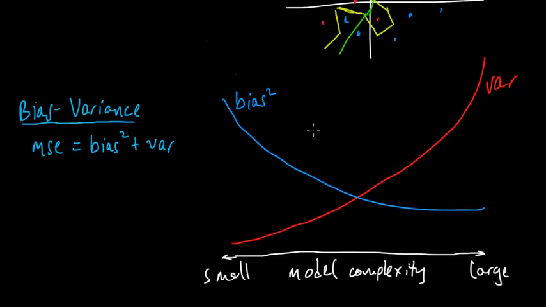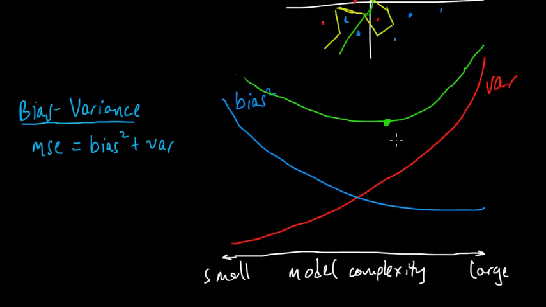Maybe I drew that a little bit off. It doesn't necessarily occur where these coincide. It could be something like this. So maybe the optimal point's like there. But the point is that you need to choose the appropriate level of model complexity for your class of models. And that involves finding an appropriate balance between the bias and the variance.